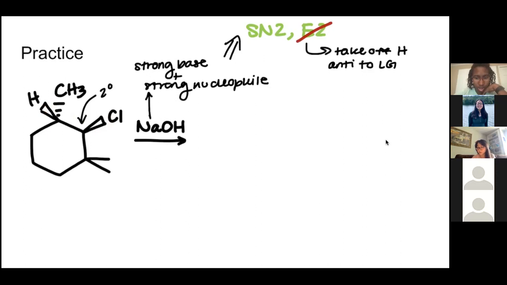So just our SN2, because remember, this hydrogen is actually syn to chlorine. When we get our SN2 reaction, it is going to look something like this.